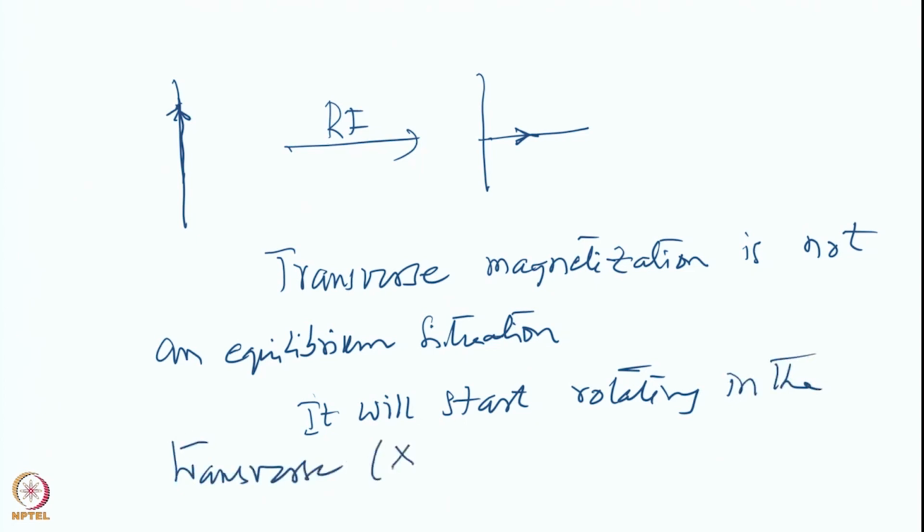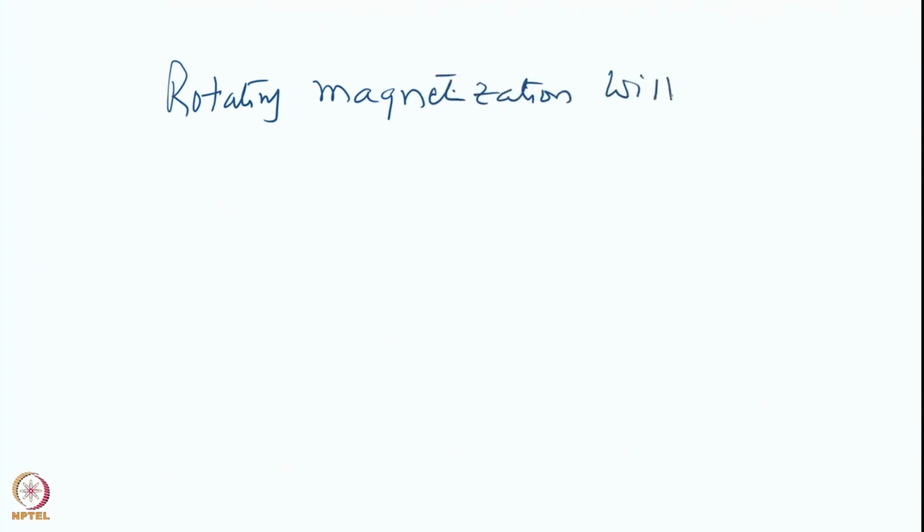Transverse meaning the XY plane. If you have a detector in this transverse plane, this rotating magnetization will induce a signal.